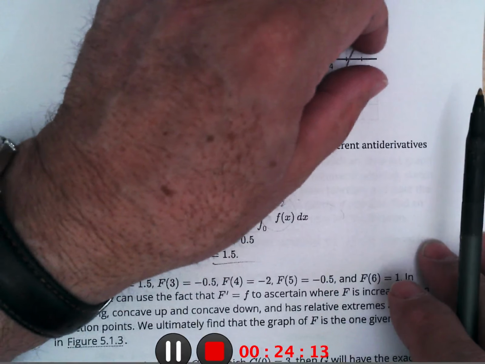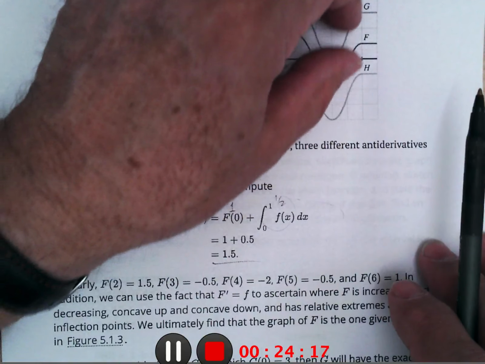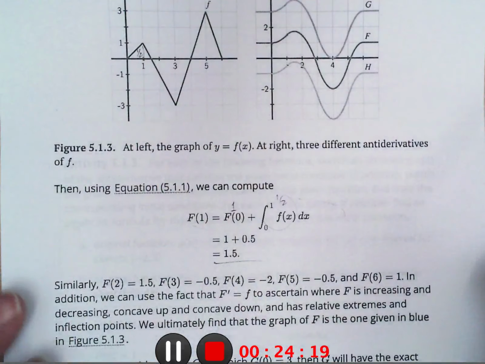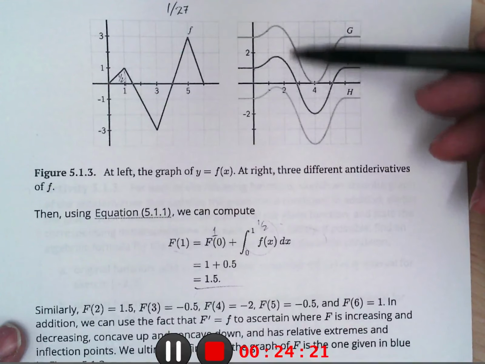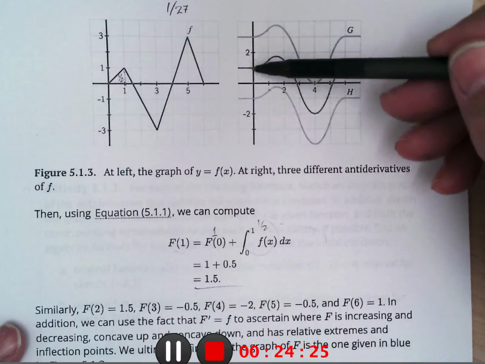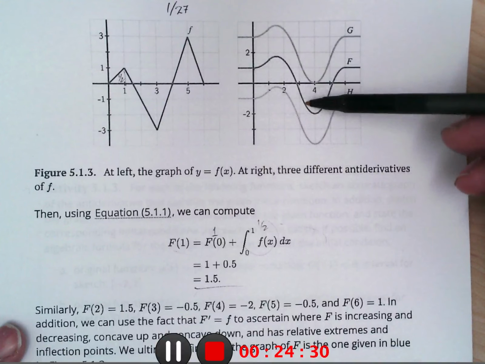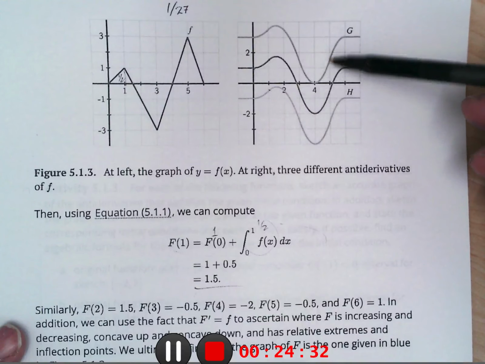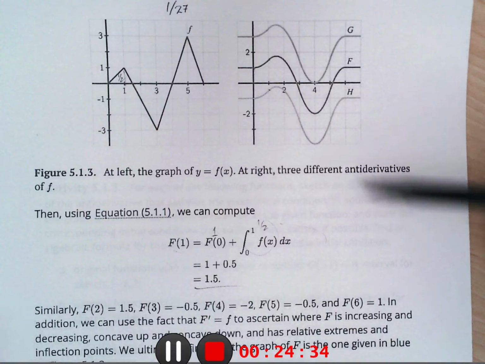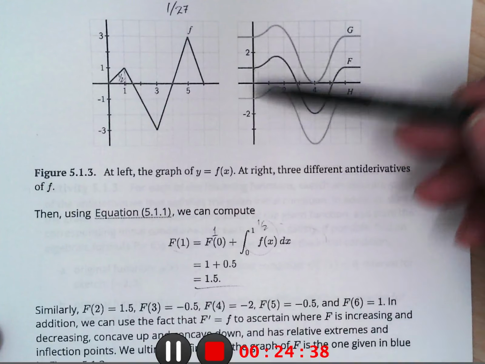Or f and g, the difference will be the same amount all the way through. No matter where we go, the height difference between g and f is always the same. 2 units. 2 units. 2 units. And the difference here is 2 units because they started 2 units lower. And the difference between g and h is always 4 units.